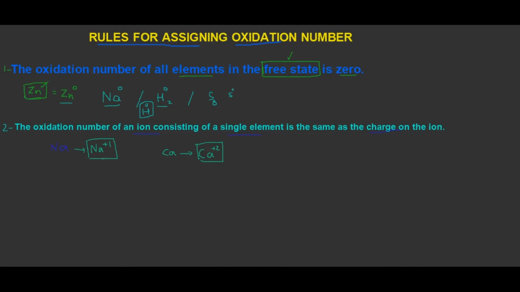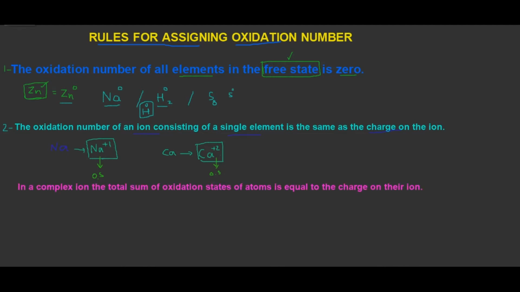As you can see, the sodium ion has positive 1 oxidation state, O.S. is for oxidation state, and calcium has positive 2 oxidation state. It is known as a simple ion because it is composed of only one element. It is not in a combined state. That is why it is known as a simple ion.